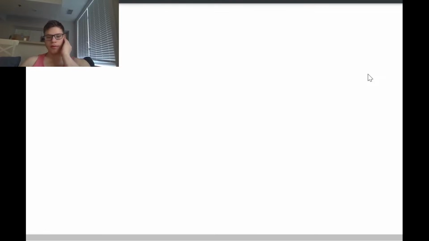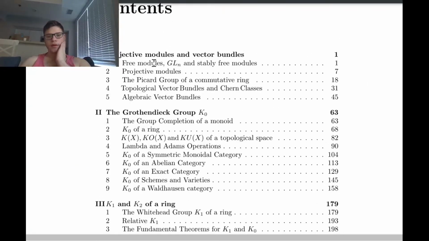Let's see this again. Okay, so Picard group, then topological vector bundles, and then algebraic vector bundles, and then we get into K0. So I think I'm going to stop here.